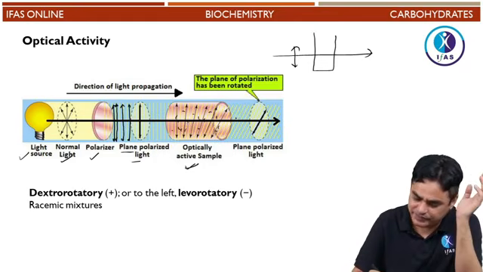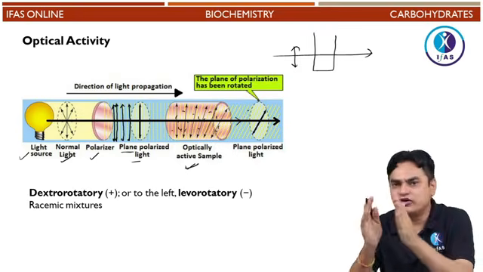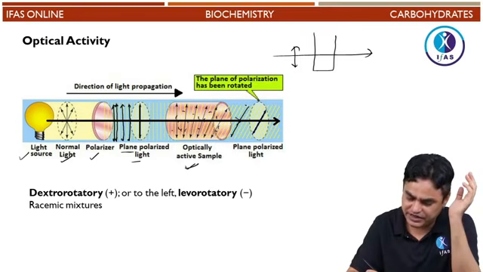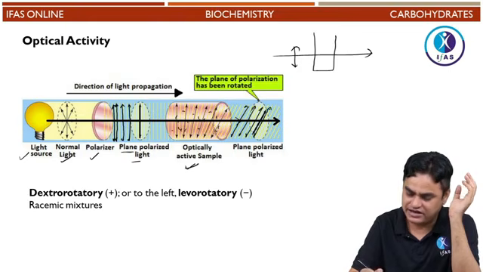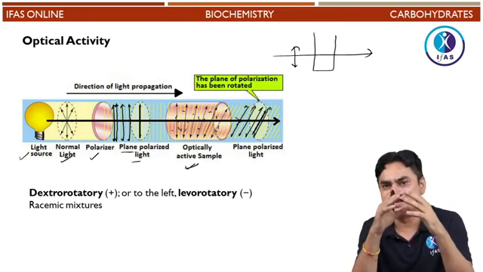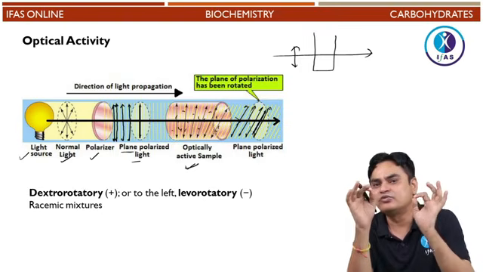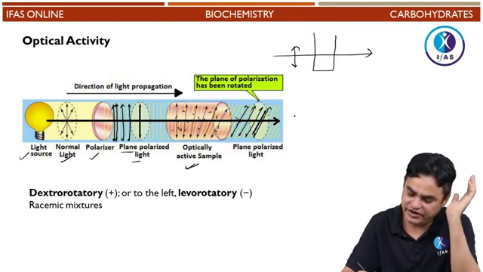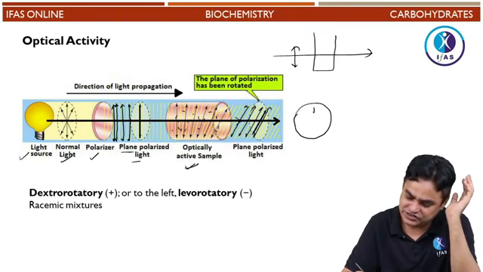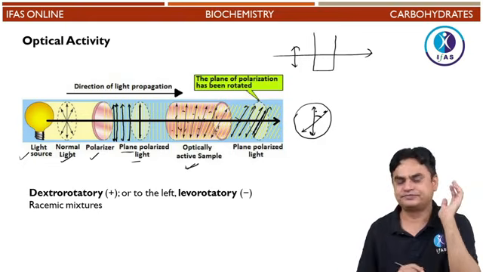So the plane polarized light moves out of that sample, and it still remains plane polarized, meaning all the particles are still propagating in the same plane, but the plane of polarization has changed in reference to the previous condition. First the plane of polarization is like this, and now it is like this, meaning there has been some rotation.